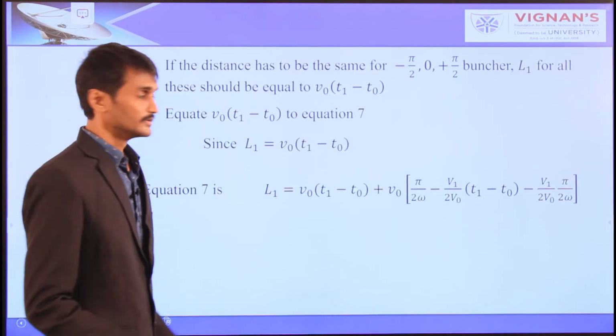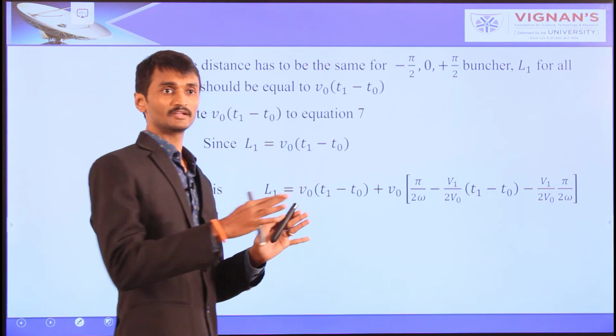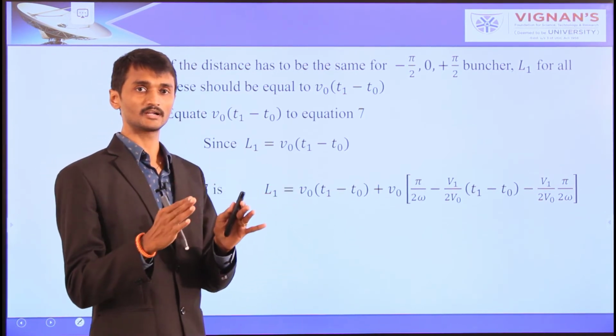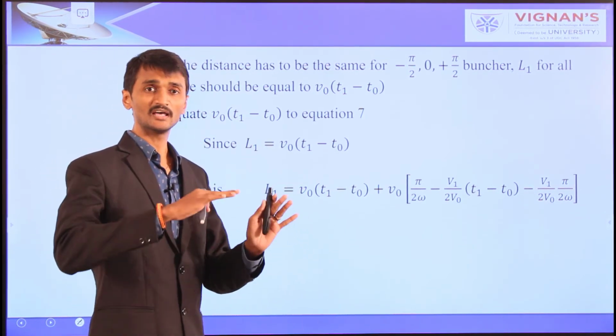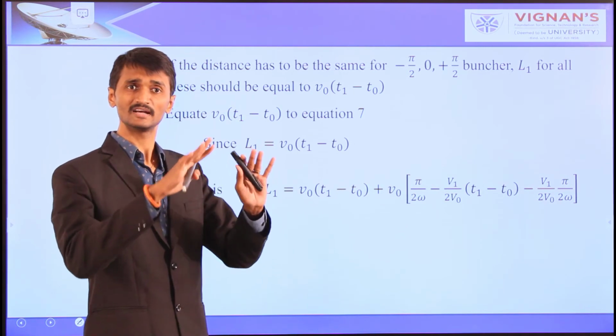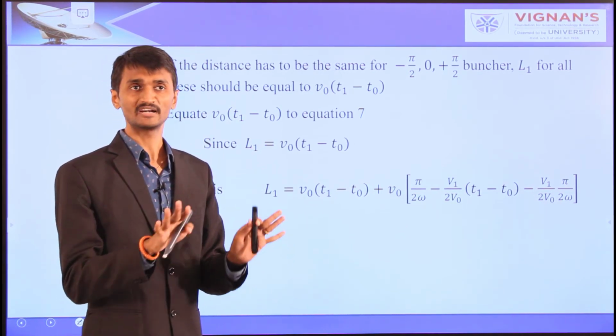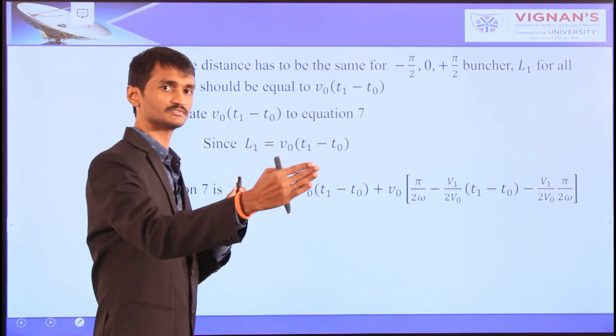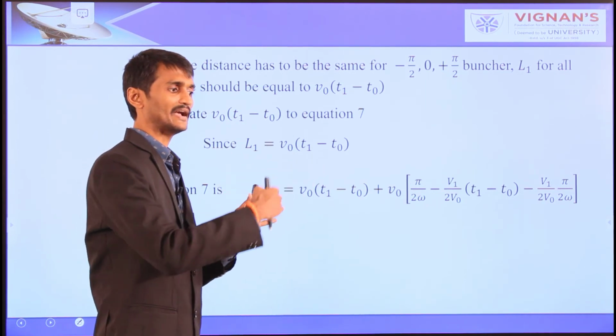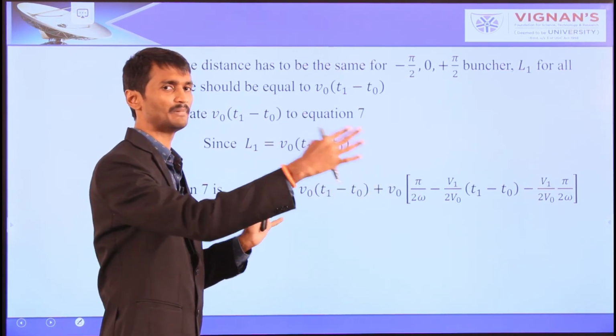Now here the early electron, late electron and reference electron are all traveling with different velocities, but they all travel the same distance. At that distance they all form the bunch.